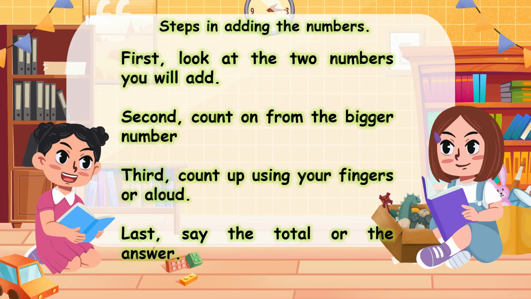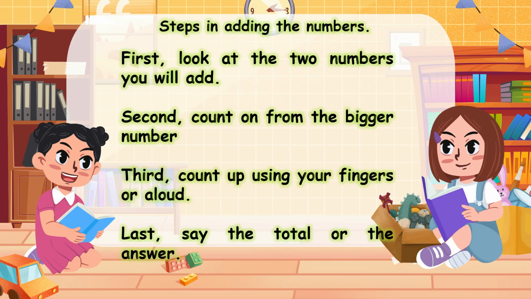Let's say 2 plus 3. Which is bigger, 2 or 3? Right, so 3 should be first in your mind. 3 plus 2 equals 5. Remember, in addition, you can actually reverse it.